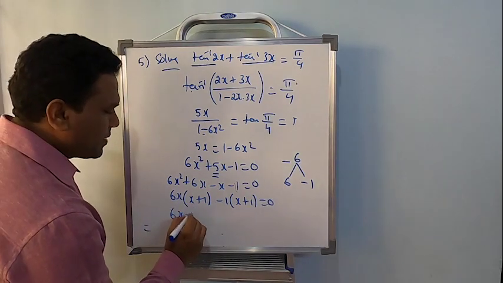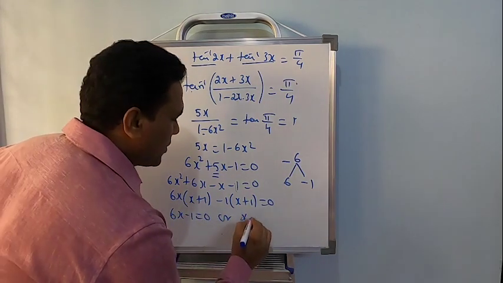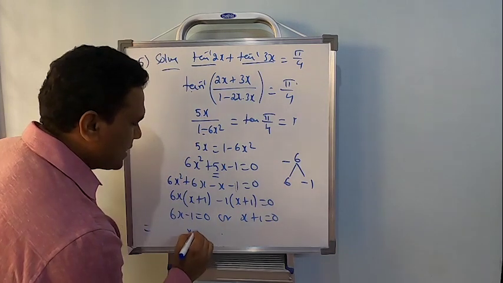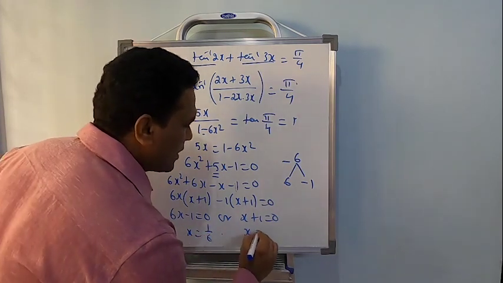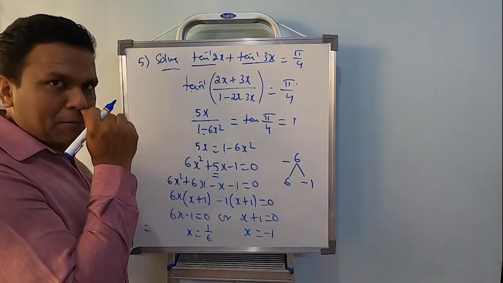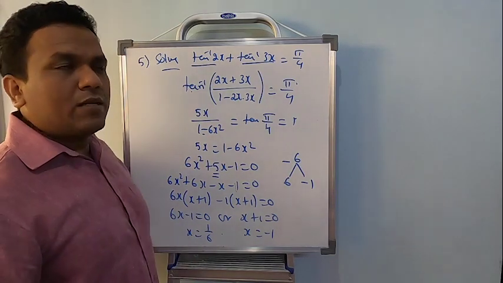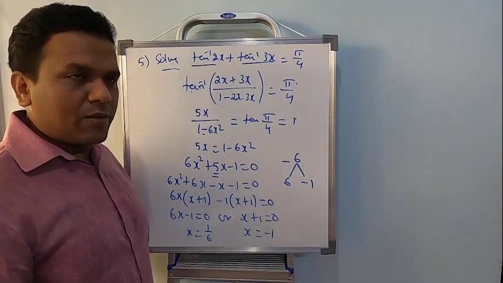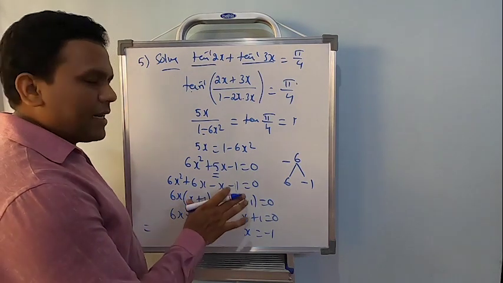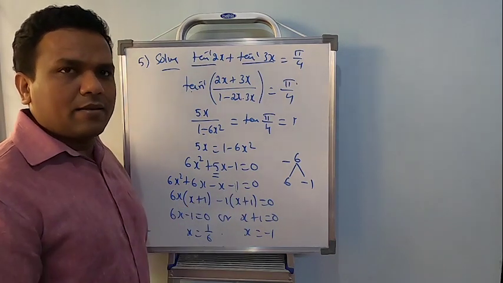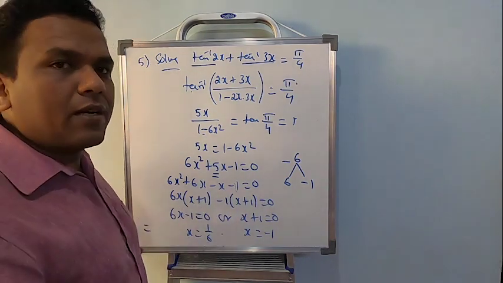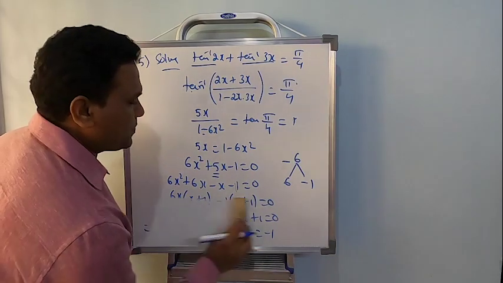So there are two factors: 6x minus 1 equal to 0 or x plus 1 equal to 0, x equal to 1 by 6 or x equal to minus 1. So this is how it should be done, students. Apply the formula of tan inverse x plus tan inverse y, simplify, get a quadratic and get the required answer. So these are the 5 worked examples from the miscellaneous.